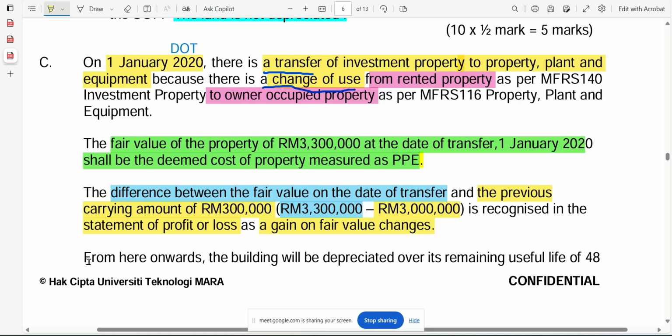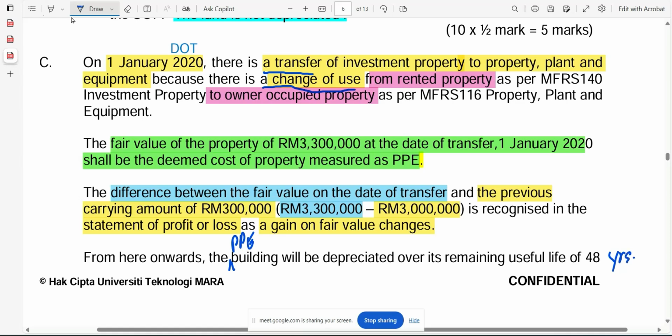And from here onwards, which refers to 1st January 2020, the building here refers to the PPE. The building will be depreciated over its remaining useful life of 48 years.